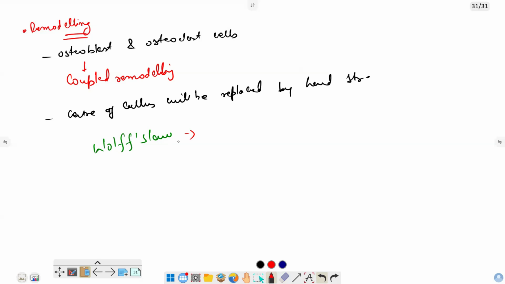Okay, that's why it is very much needed to keep the bone very stable during the healing process, especially during the remodeling stage. Now, this remodeling phase is very quick in children, but in adults, it can go on for many years. Okay, so that's the remodeling. After the remodeling phase, the original shape and the size of the bone will be regained. Okay, so that's it about the healing of the bone.